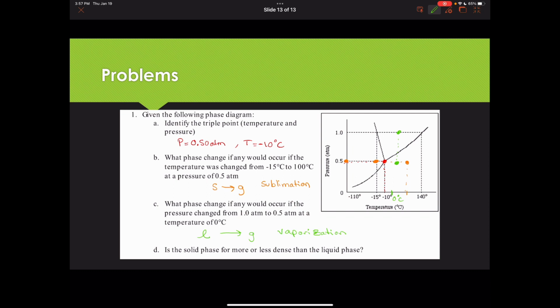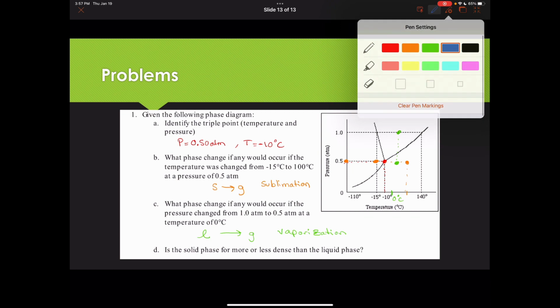So again, with our phase diagrams, we need to identify where we have solid, liquid, or gas. Where's our critical point? Where's our triple point? If we're given a particular temperature and pressure, we need to identify what phase we're in. And if we change a temperature or pressure, we need to identify what phase change occurs. Finally, we need to use that fusion line.